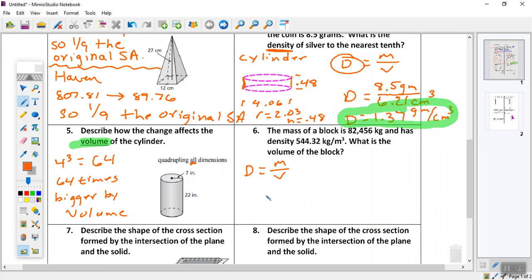All right. Be careful. I don't know if I'll see any problems that have conversions or not. But what's going in for density? I'm already messing up, aren't I? What's going in for density? What's going in for mass, Kylie?